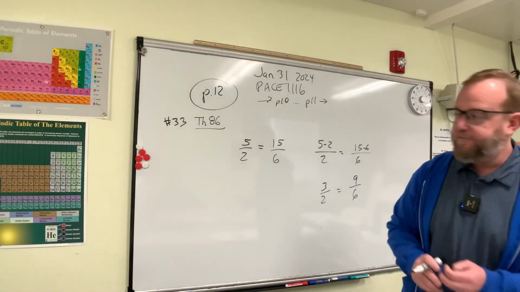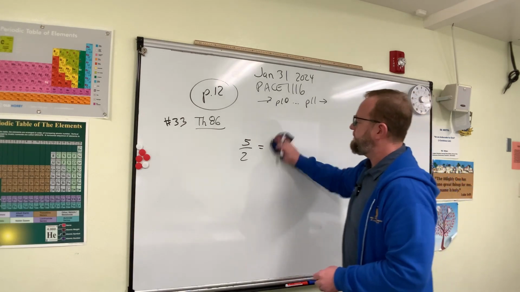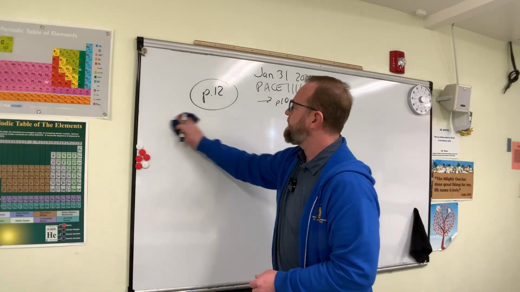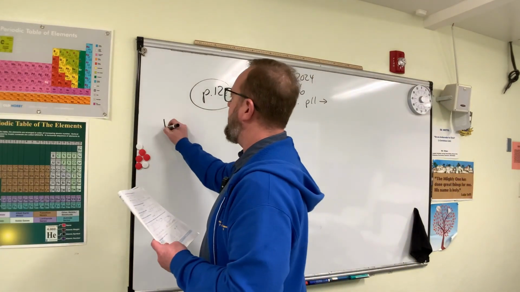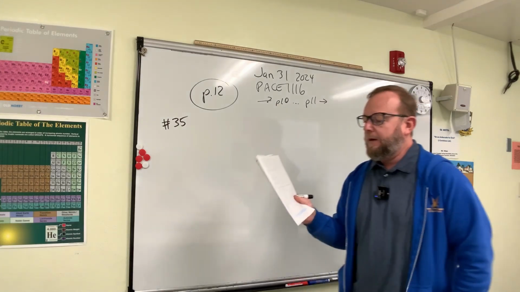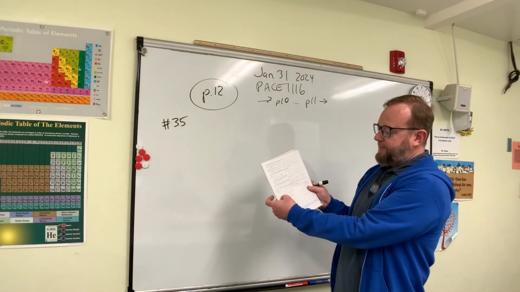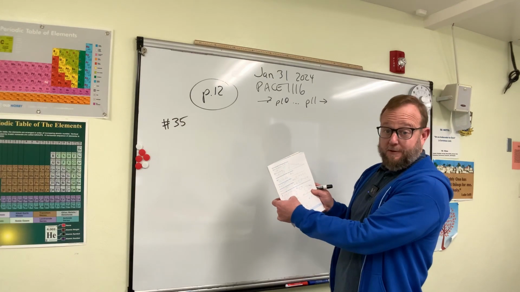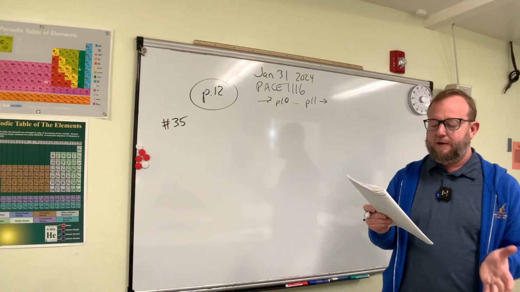Any questions about that so far? Still on page 12 here, let's look at number 35. You will see that you have what appears to be a square and what appears to be a rectangle. So we're supposed to indicate whether these polygons are similar.